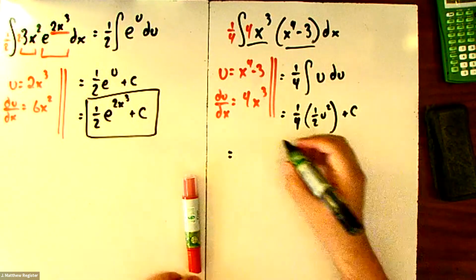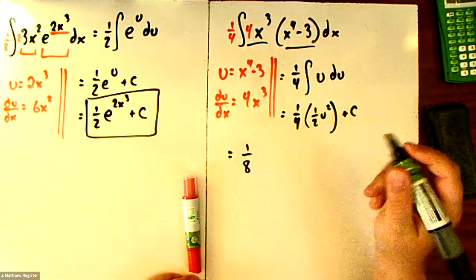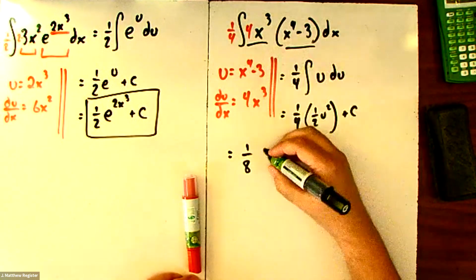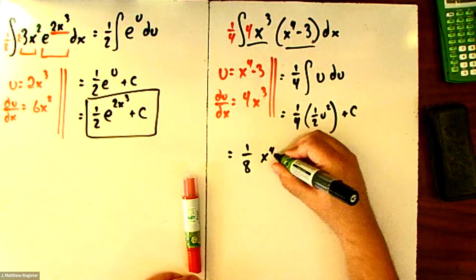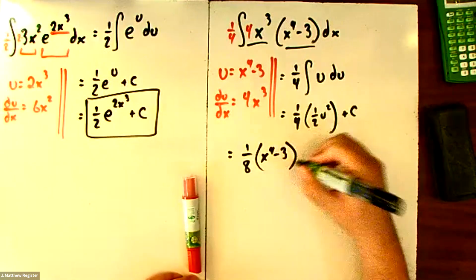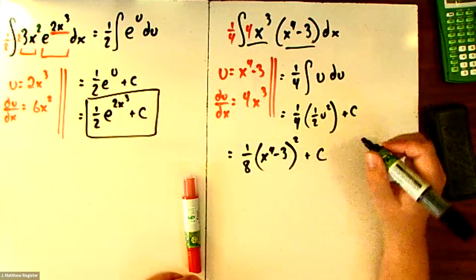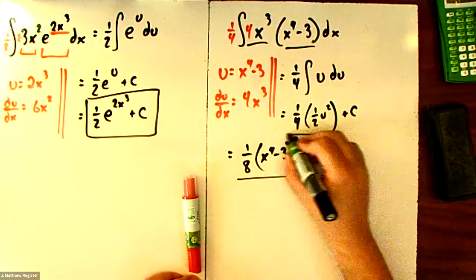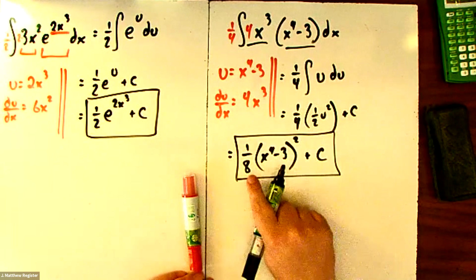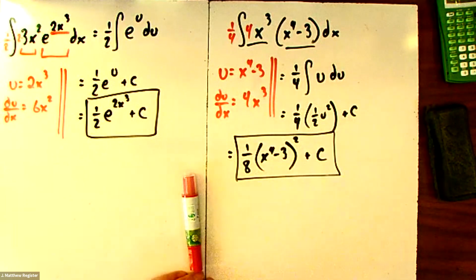And that gives us a 1/8 of u, which is x to the 4th minus 3 squared plus c. 1/8 u squared plus c.